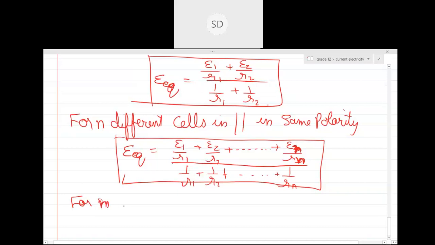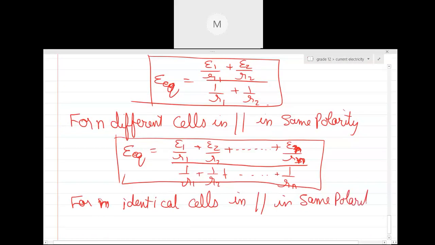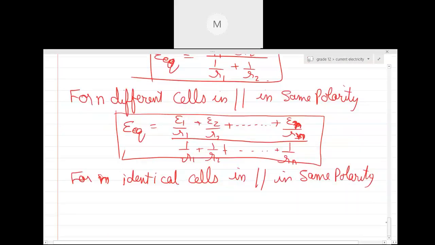For n identical cells. Yes, guys, can anyone tell me if all the cells are identical but in the same polarity? Can you see E by R, E by R, E by R, E by R? How many times?